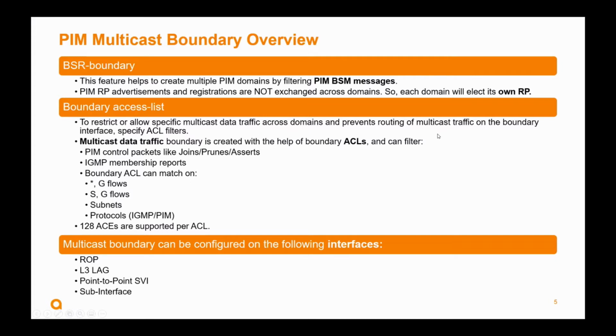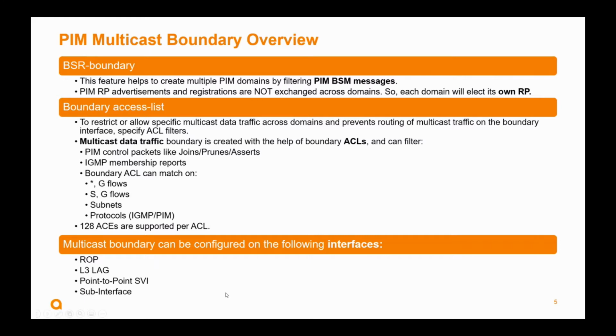And prevent routing of multicast traffic on the boundary interfaces, as well as PIM control messages being joined, for example, or IGMP membership reports. So on the boundary access list, we can match based on asterisk comma group flows, or source comma group flows, subnet protocols, and also 128 access list entries are supported per ACL.